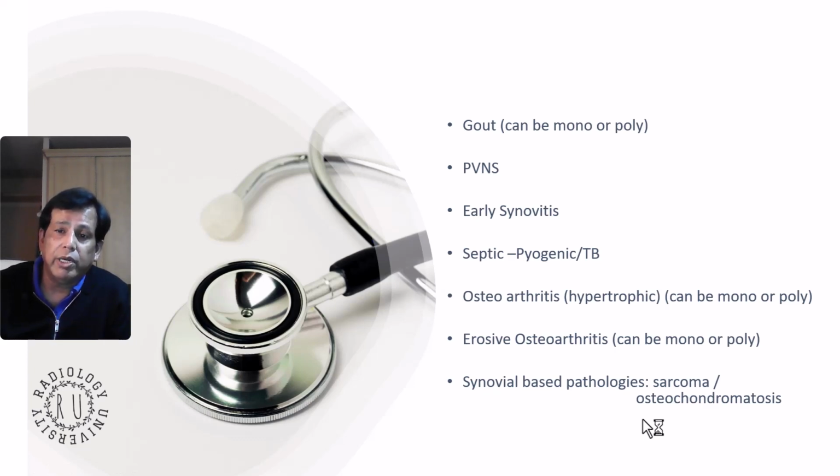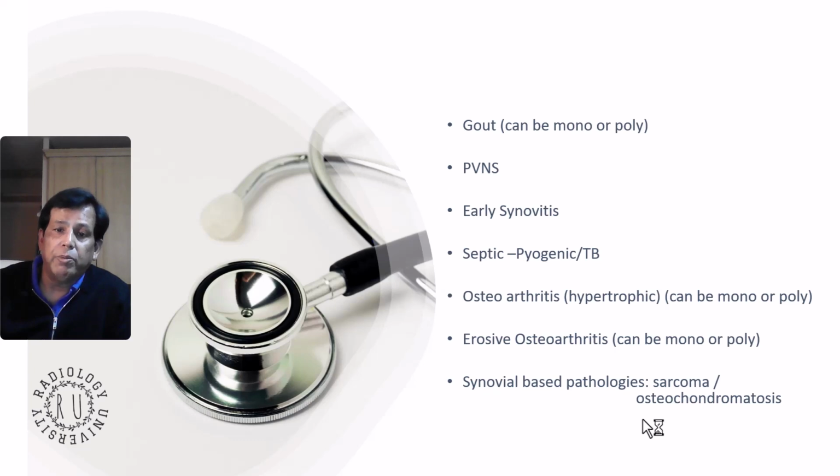Then osteoarthritis can be mono or poly, and osteo is divided into primary osteo, which is hypertrophic, and erosive osteo, which is secondary to inflammation, as the name goes. So erosions leading to osteoarthritis is erosive.